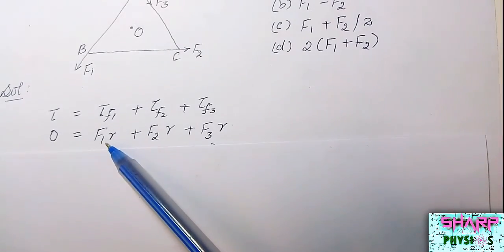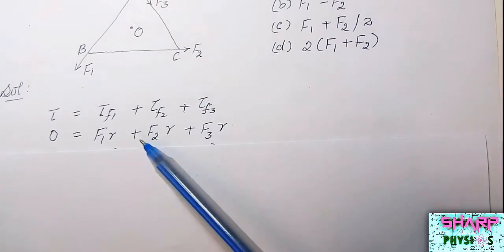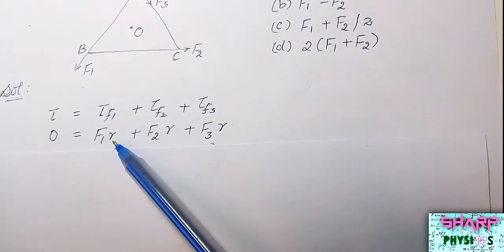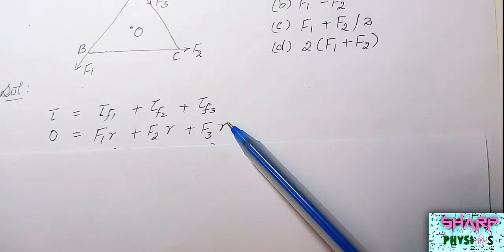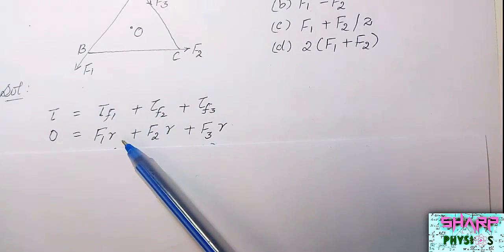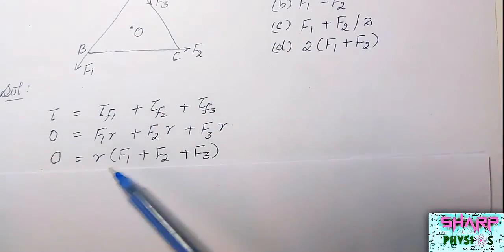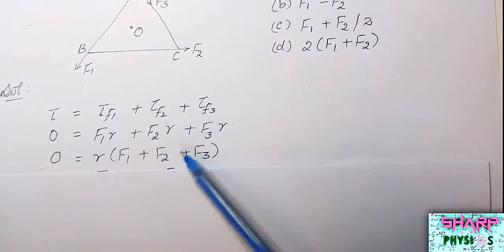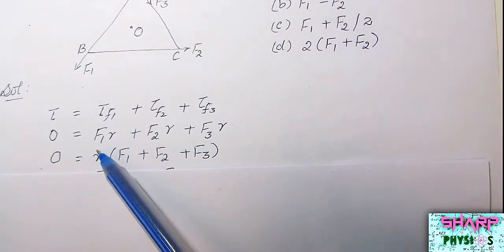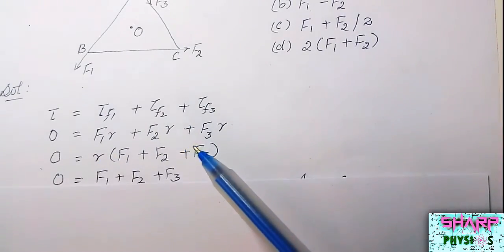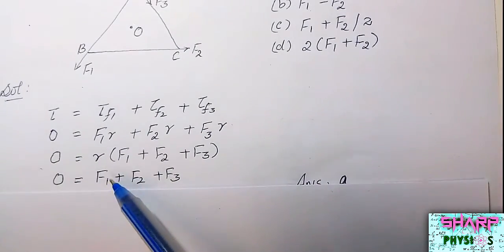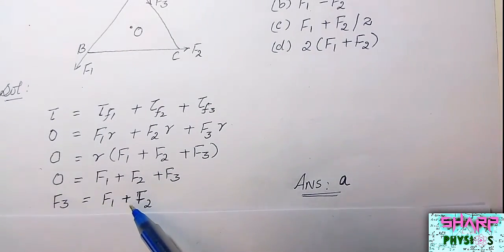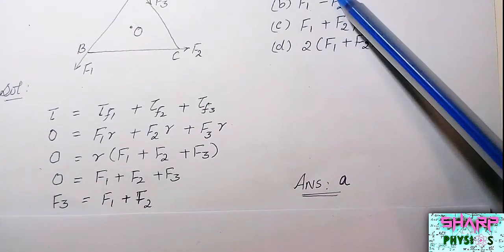So it is F1 into R, plus F2 into R, plus F3 into R, since torque is F into R. Taking the common R outside, you get F1 plus F2 plus F3 equal to 0. Taking F3 to the other side, you get F1 plus F2. So the answer is A.